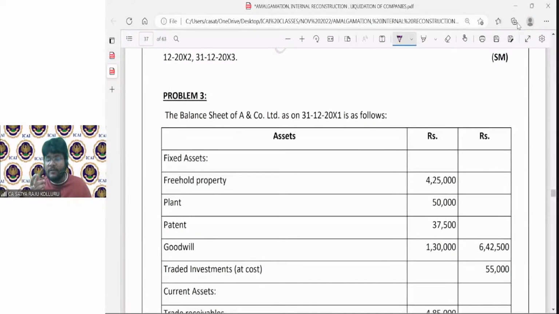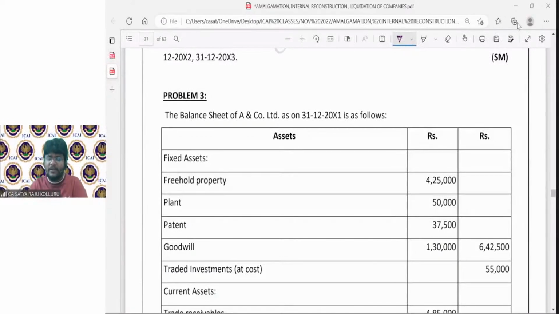Then how many equity shares are there? How much face value is there? How many shares am I issuing? That's why face value and number are important. Do you understand? For certain items, no need to put our concentration, because certain assets are directly taken over by the purchasing company at book values only. No need to think about amounts and all such other stuff.